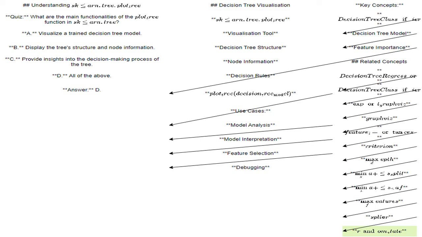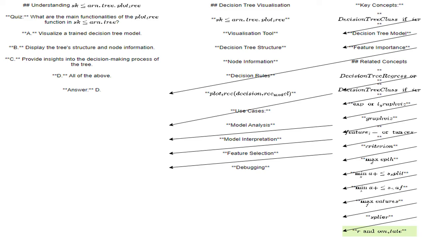Related concepts: other concepts closely related to decision tree visualization and model building. DecisionTreeRegressor: a class in scikit-learn that implements the decision tree algorithm for regression tasks. Use: building decision tree models for regression problems such as predicting house prices, stock prices, or customer spending. export_graphviz: a function in scikit-learn that allows you to export a decision tree model to GraphViz format.